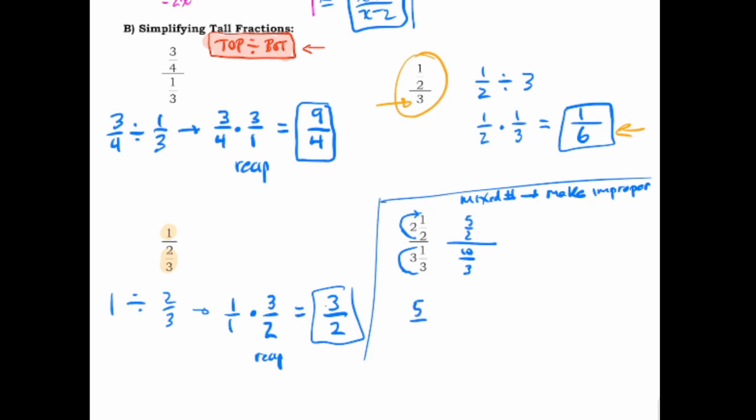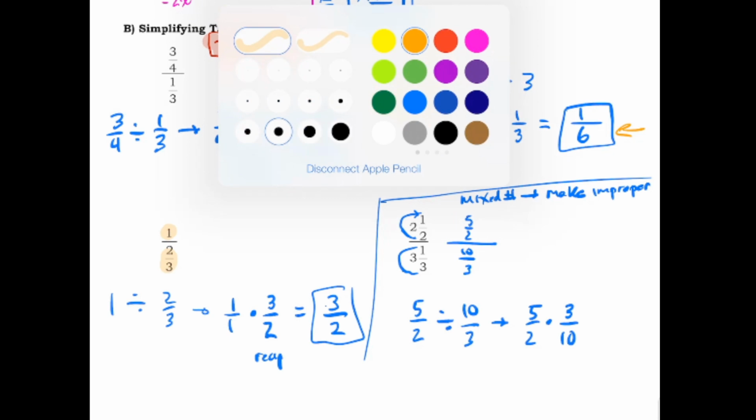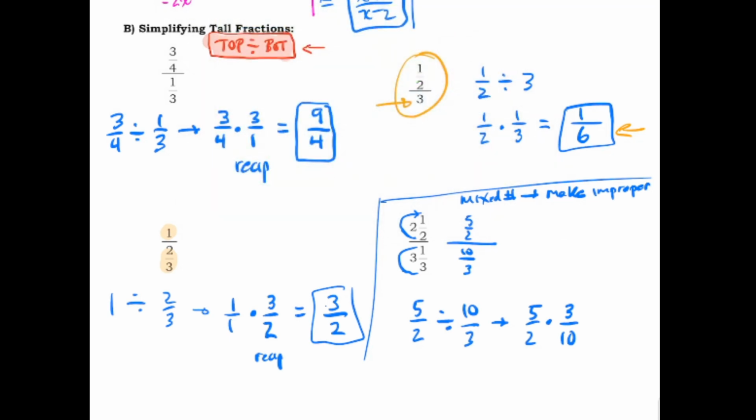Top divide by bottom, which means top times reciprocal of bottom. So you flip the bottom over like that. And then you could multiply straight across, but remember, when it comes to multiplying, we're allowed to do this cross-cancel stuff, right? I can say 5 goes into 10 twice. That's only legal for multiplying.